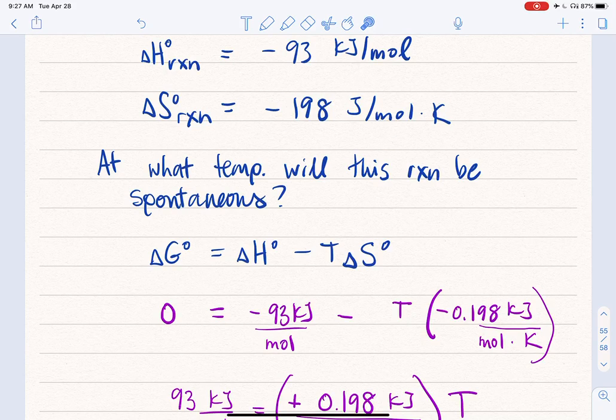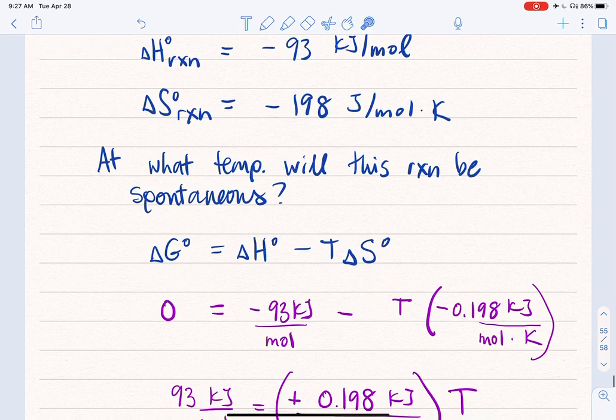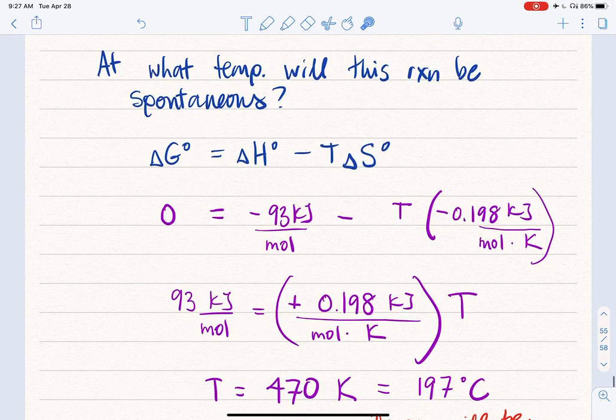Now you have to make sure that the units match. So delta H is in kilojoules per mole typically, delta S in joules per mole Kelvin. So here, to make sure that the units match, I just converted delta S to kilojoules per mole Kelvin because the units must match if we're doing this arithmetic. Now I can solve for T. Doing the algebra, I bring this over to the other side.